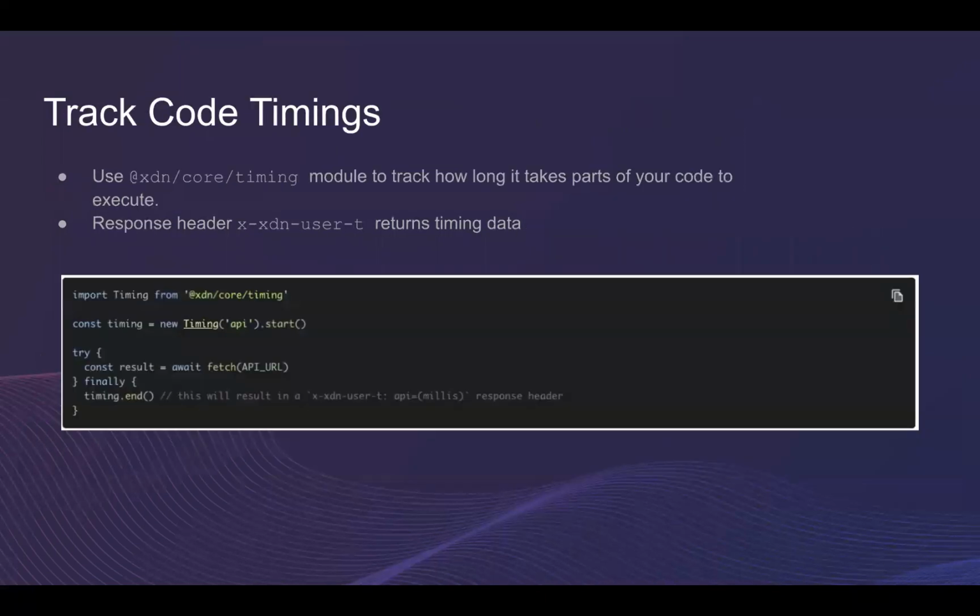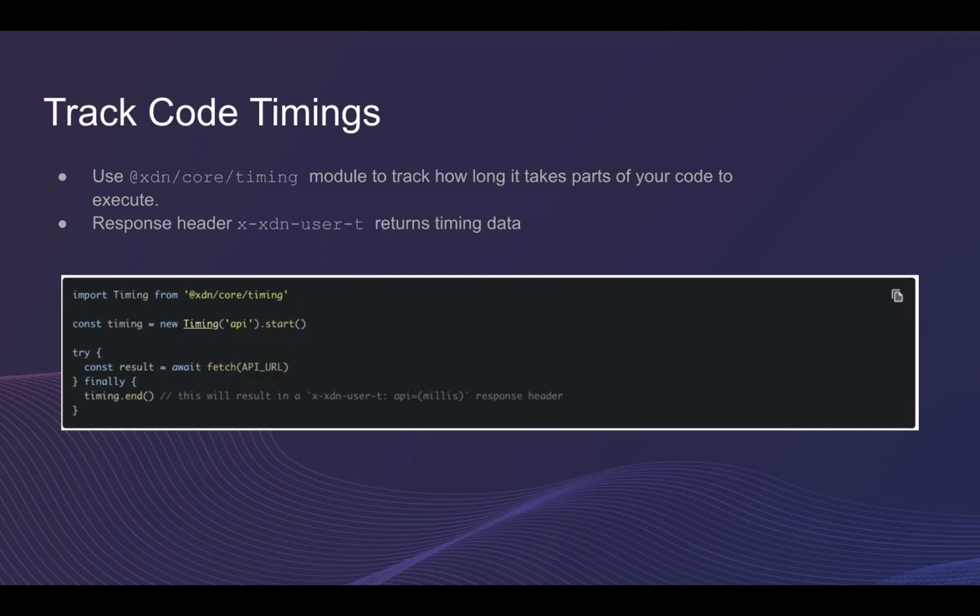We now also have a new API for you to track timings. This allows you to identify how much time your code in the application is taking to run. The package is now available as part of XDN core/timing.